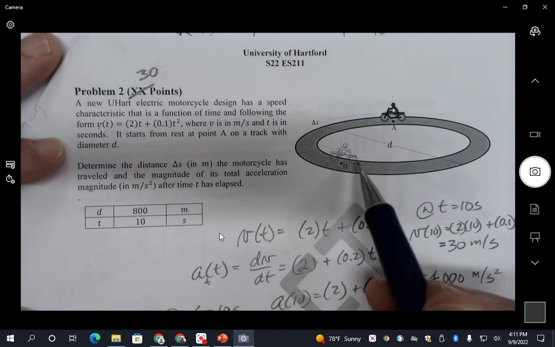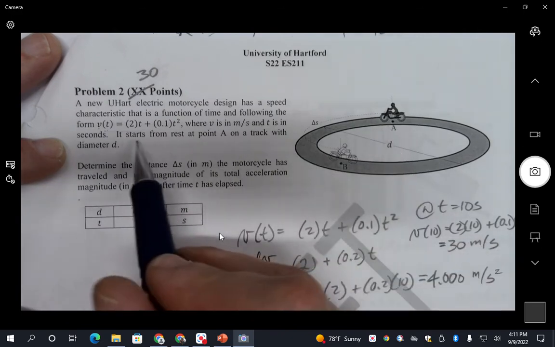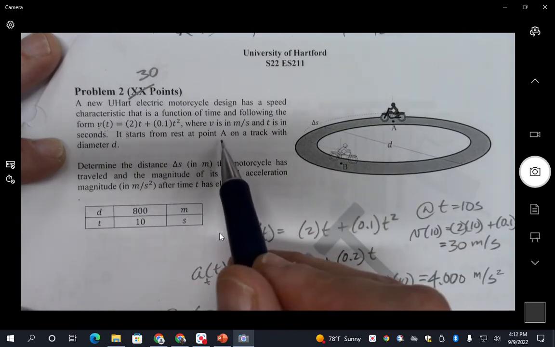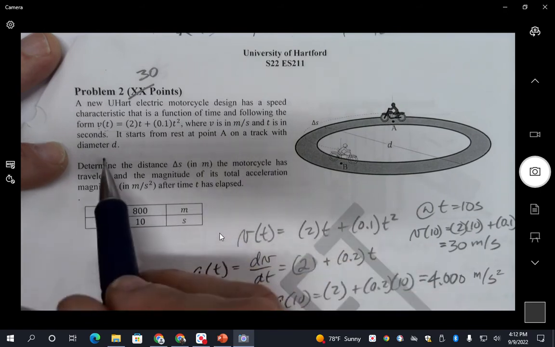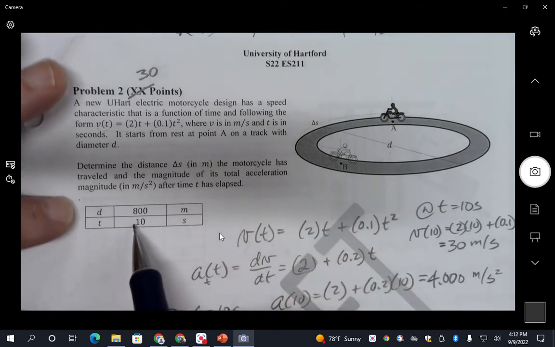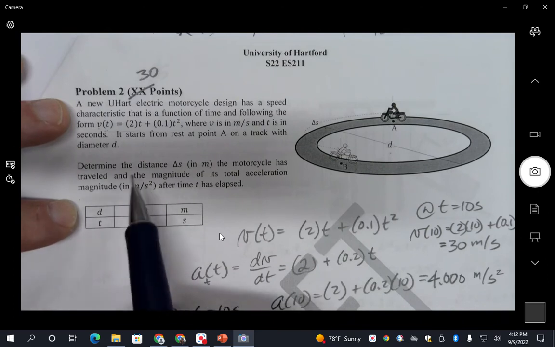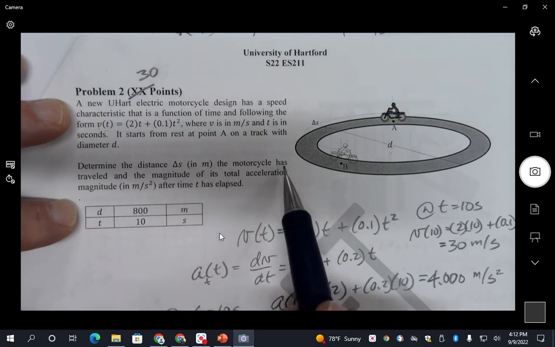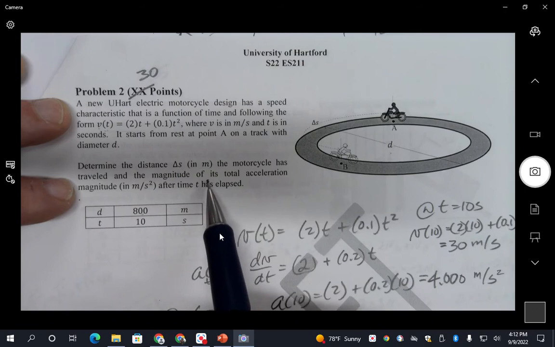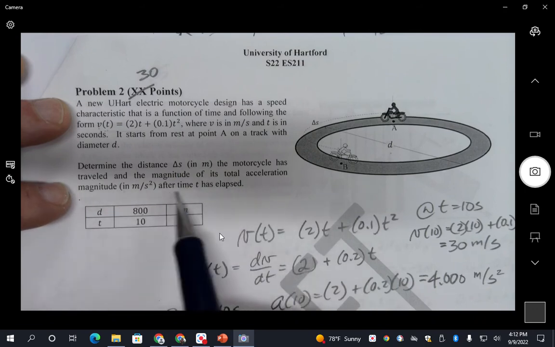It starts from rest at point A on the track with a diameter d. I gave you d right here. Determine the distance, delta s, the motorcycle has traveled and the magnitude of its total acceleration after t has elapsed.